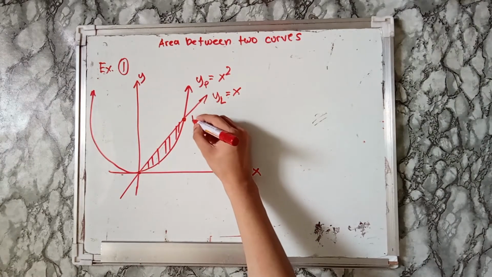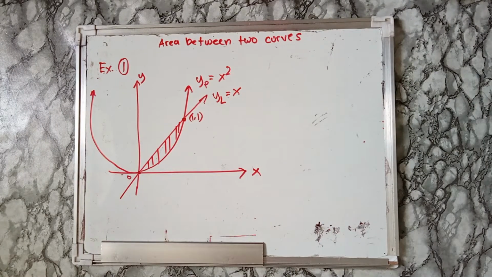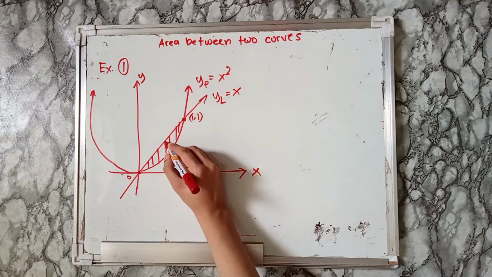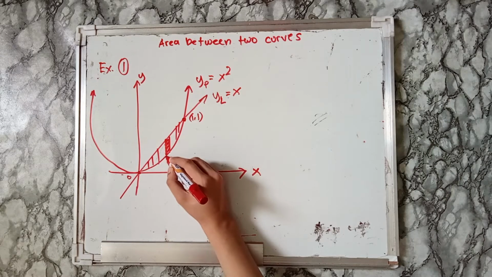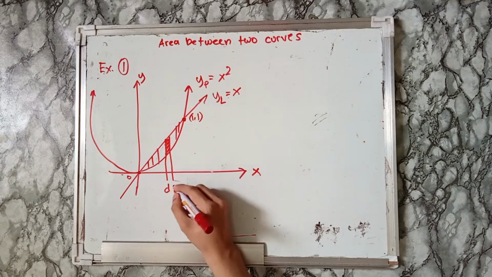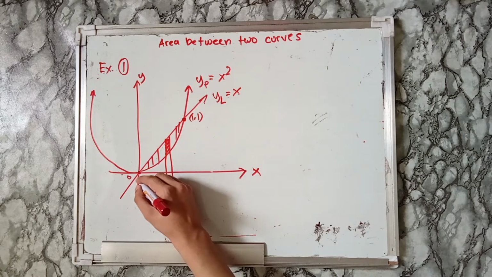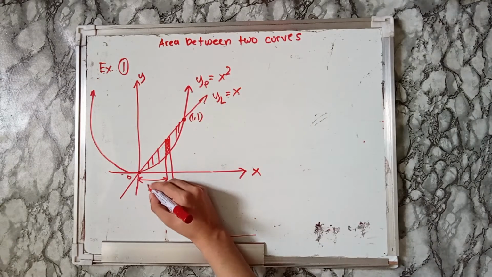And this is actually labeled as 1, 1, and this is 0, right? Now, let me draw a vertical strip. So supposing this is our vertical strip, and the thickness of the vertical strip is dx, and the distance of the vertical strip to the y-axis is x.